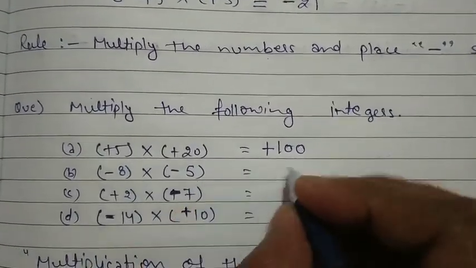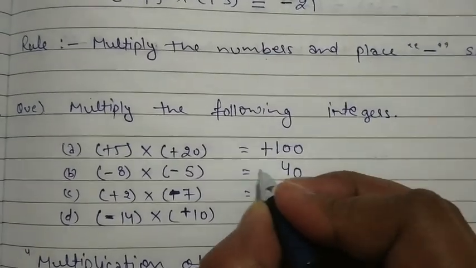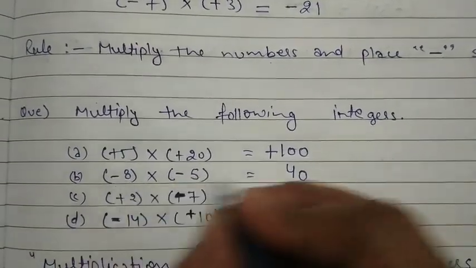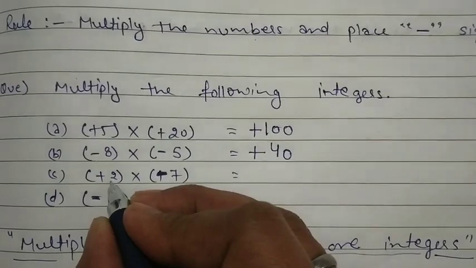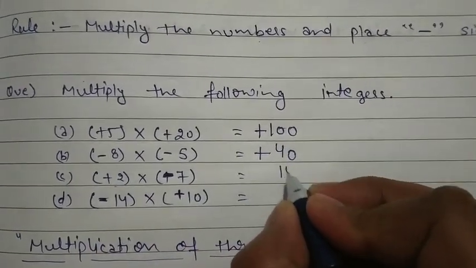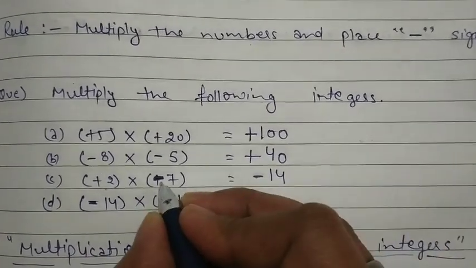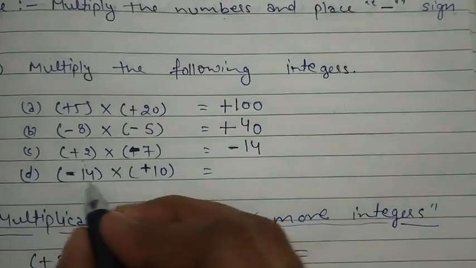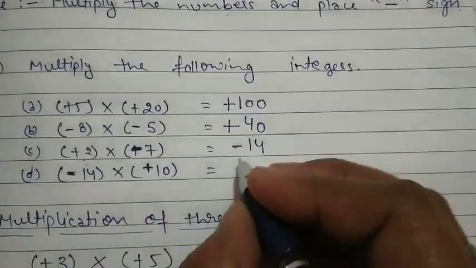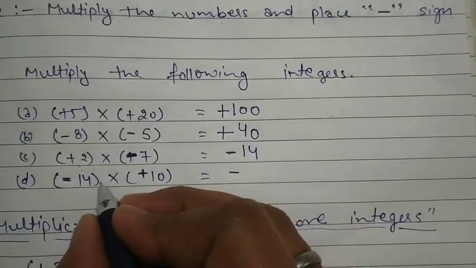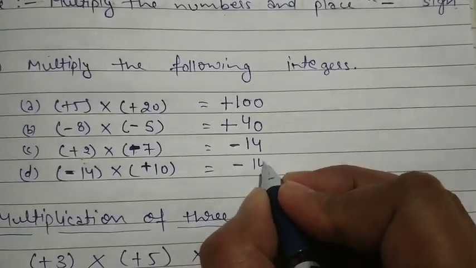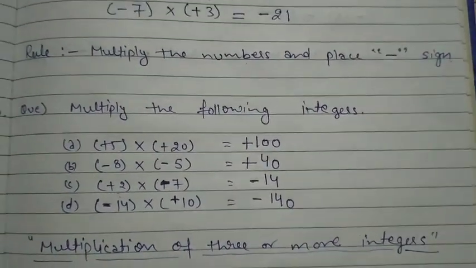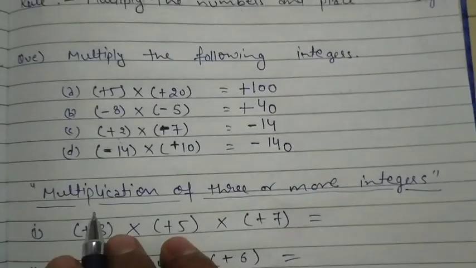Minus 8 into minus 5, 8 5s are 40, both have the same sign, so here we will put plus. Now plus 2 into minus 7, 2 7s are 14, we will put minus because they are of different signs. Same, minus 14 into plus 10, different sign so obviously minus will come, and 14 10s are 140.